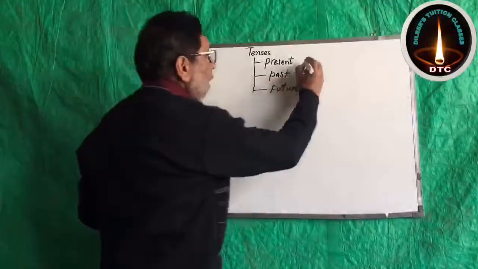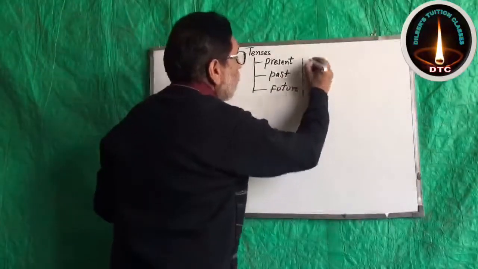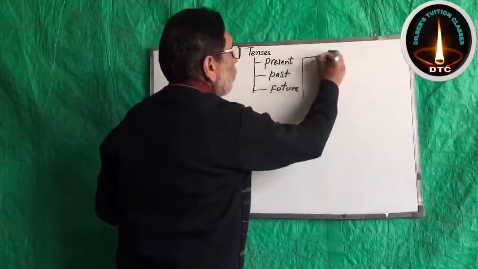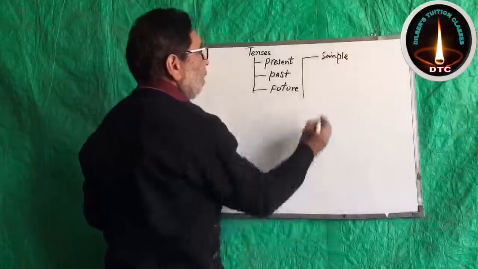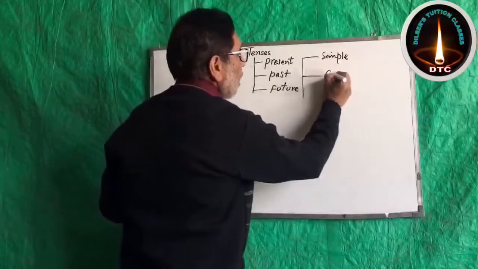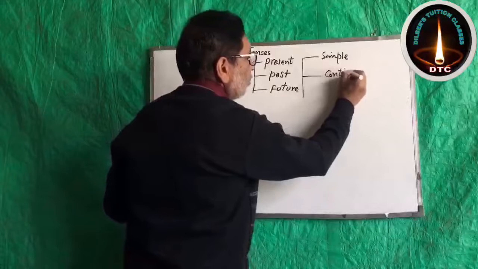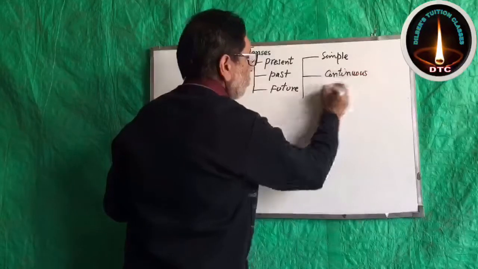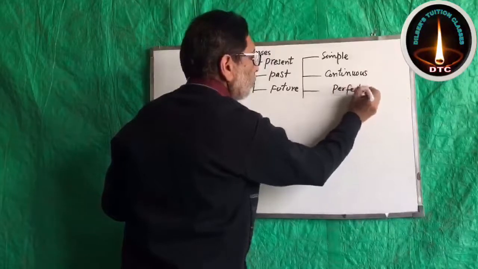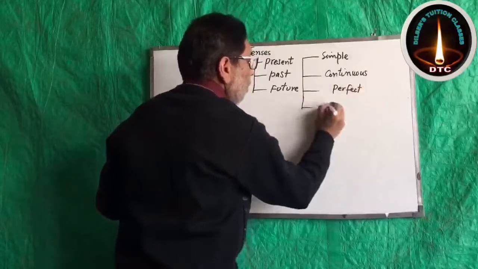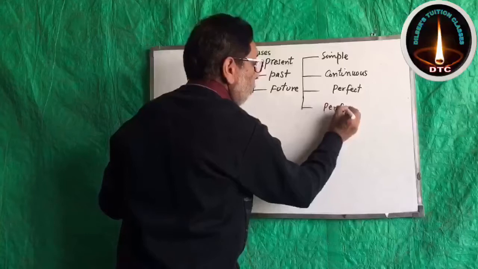And all these forms are exactly the same for all. You have a simple form, you have a continuous form, you have a perfect form, and you have a perfect continuous form.